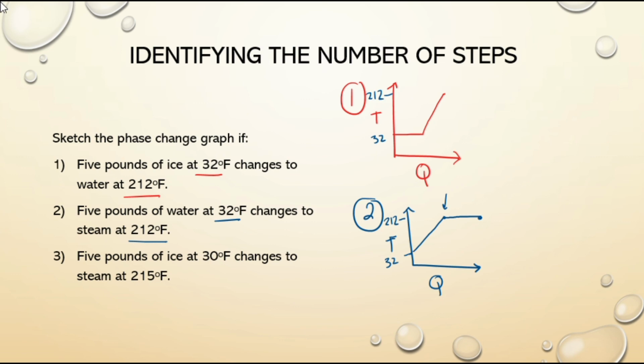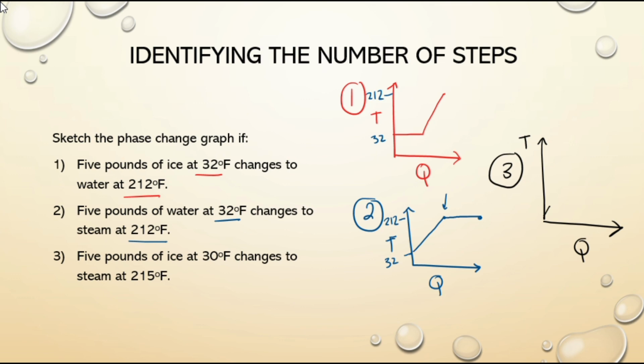One more, number 3, same, T versus Q. All right, so we're starting with 5 pounds of ice at 30, just below the melting point. So I'm not going to put the temperatures on because it'll be too crazy. So we do a little blip up, and then we're going to go all the way to steam.